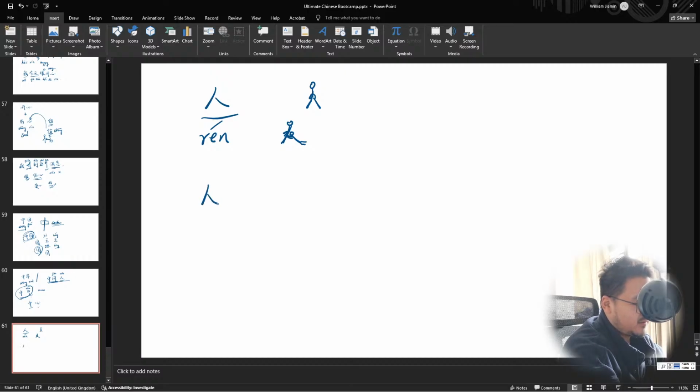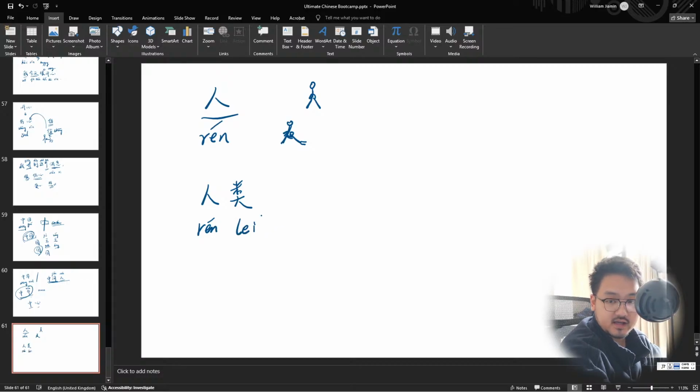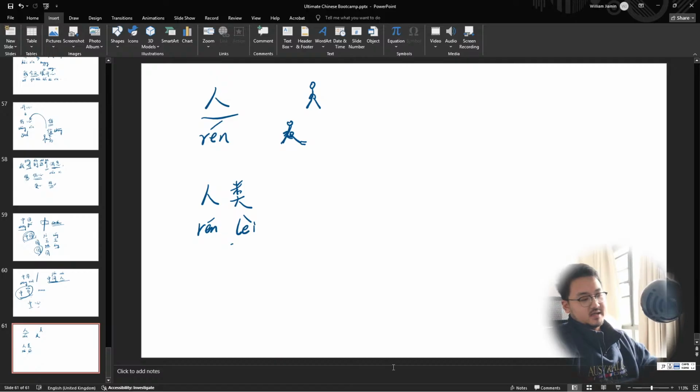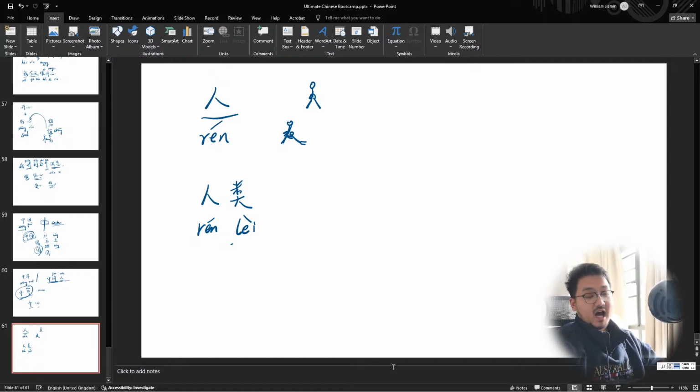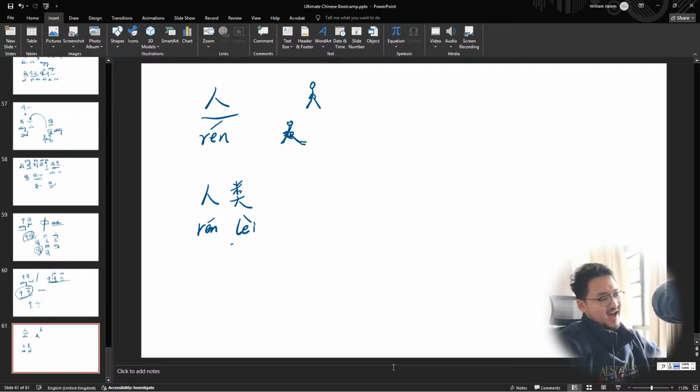We usually add 人类. 类 is like a kind, so 人类 literally means the humankind. When you refer to an abstract concept, saying that it's very good for the human race, use that rather than singling it out using 人.